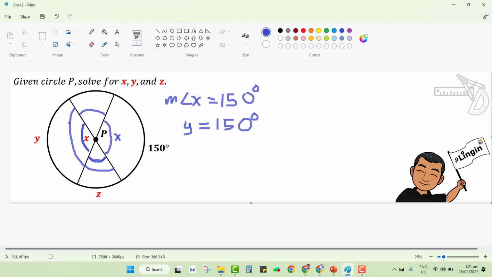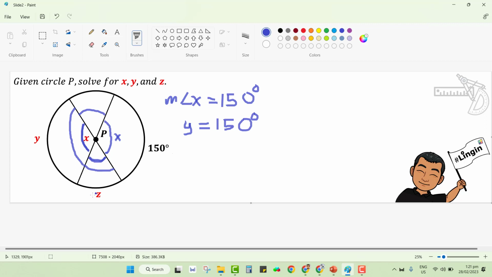They are actually adjacent angles, specifically, that are forming a linear pair. A linear pair is a pair of adjacent angles that when added sum up to 180 degrees. In short, this measurement, which is 150 degrees, added to this unknown measurement must be 180 degrees.